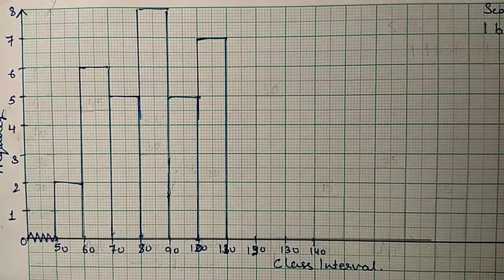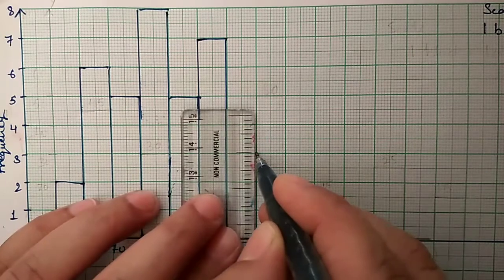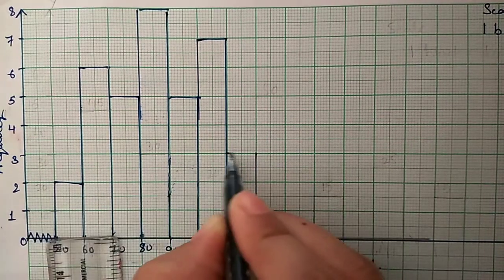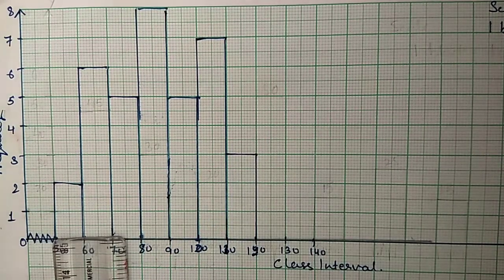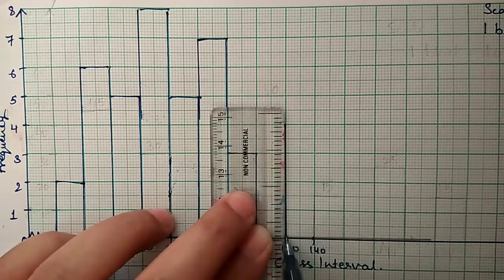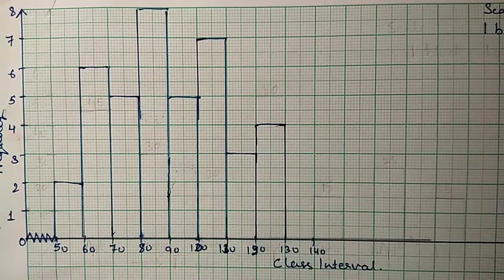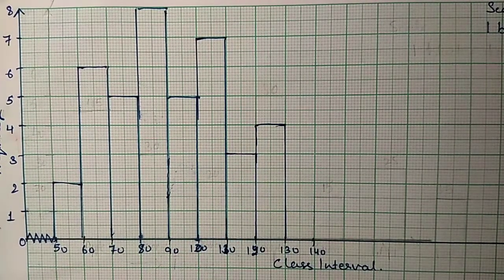Then next 110 to 120 it is 3, and 120 to 130 it is 4. Like this you have to draw it.